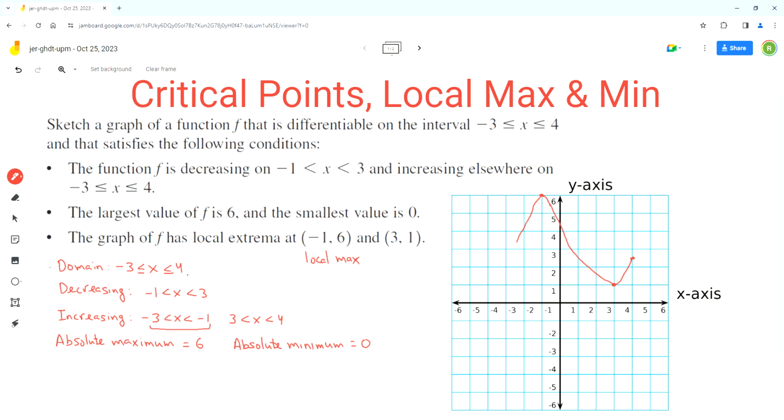Now we are given that the smallest value is 0 or the absolute minimum is equal to 0. So that can be shown by extending the curve on the left side all the way to the x-axis at -3 because -3 is the starting value of the domain. So I'll just redraw it.